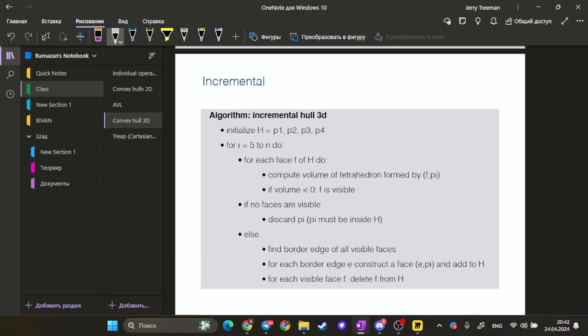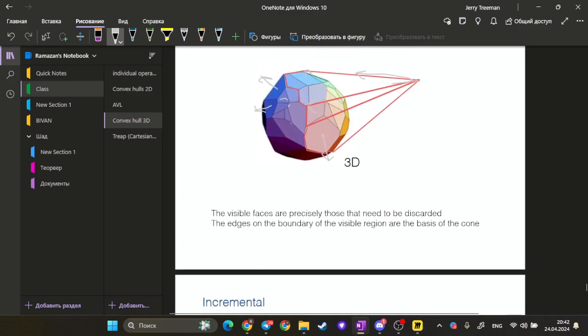One second. Tetrahedron. Yes. So our convex hull consists only of triangles. So we consider some face, that is a triangle, and some point. And why is it true? The volume is not null, I think.